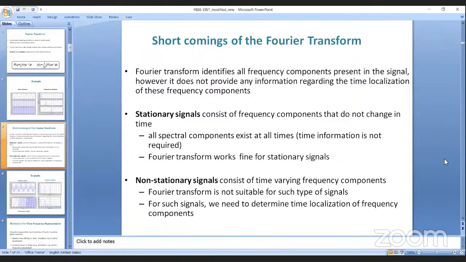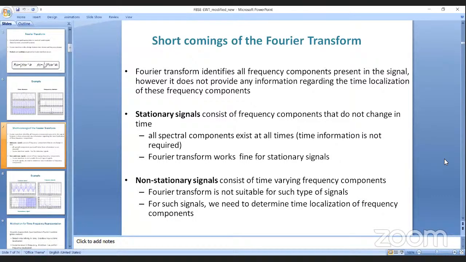In other words, the Fourier transform based representation doesn't provide any information about time localization, or at what time these frequencies are present. It tells us only what frequencies are present in the signal, but it does not tell us at what time these frequencies are present. That time information is not available in the Fourier transform based representation.